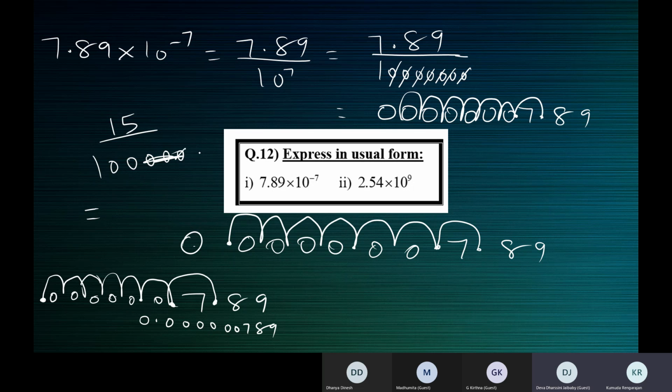What is 15 by 100? 0.15, ma'am. Same idea, that's all. This is 15 by 100 because the decimal point is here, 1, 2 will come here. 0.15. It's just about moving the decimal point backwards.